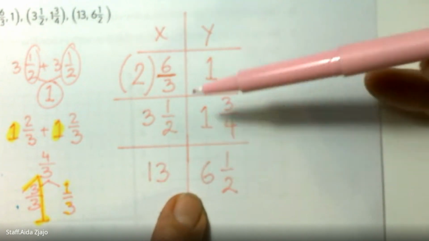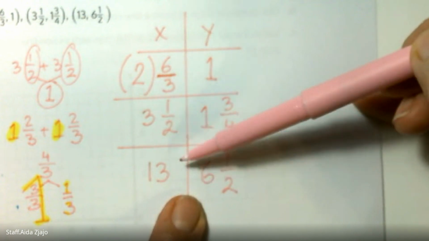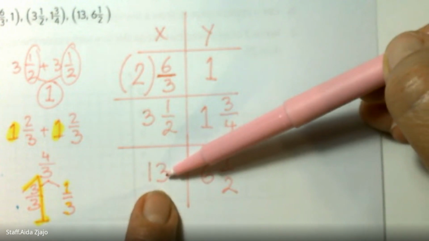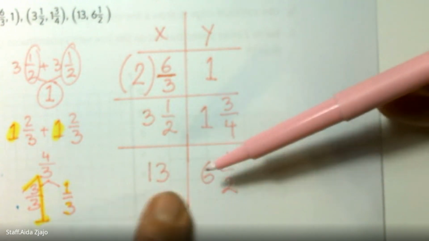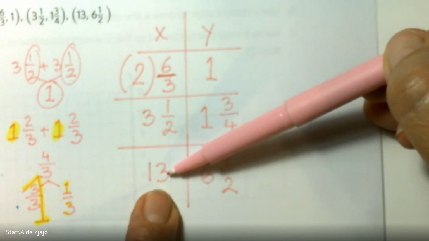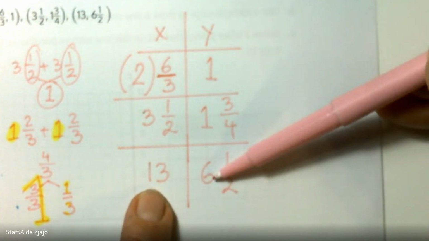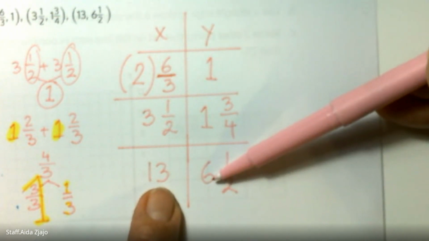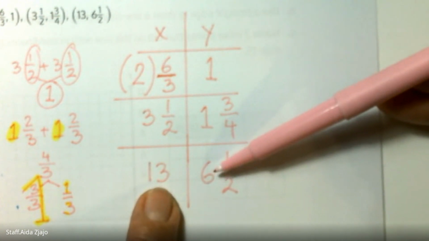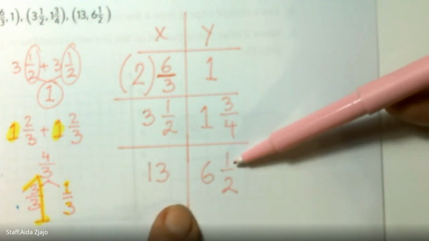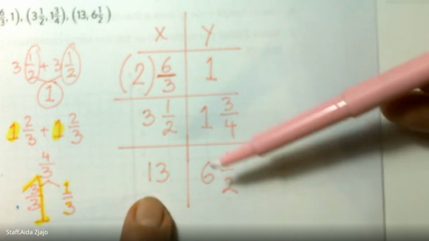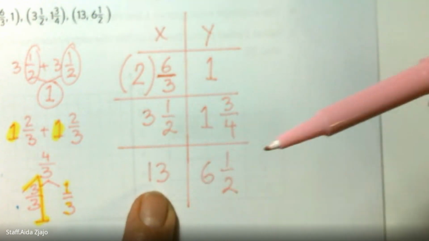If I divide 13 by 2, I can say 12 is divisible by 2, that will give me 6, but then I will have 1 extra, so that will give half of one. So 6.5 and 6.5 will make 13.